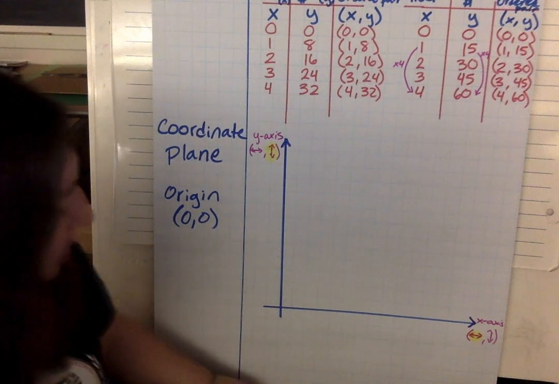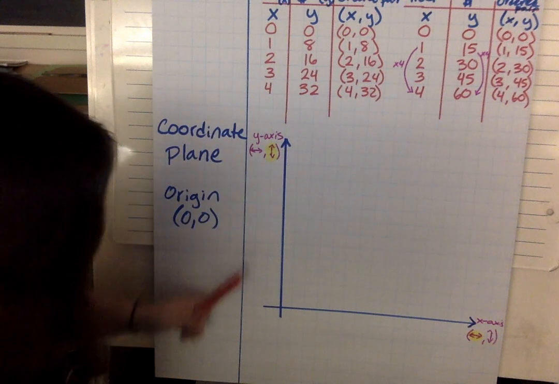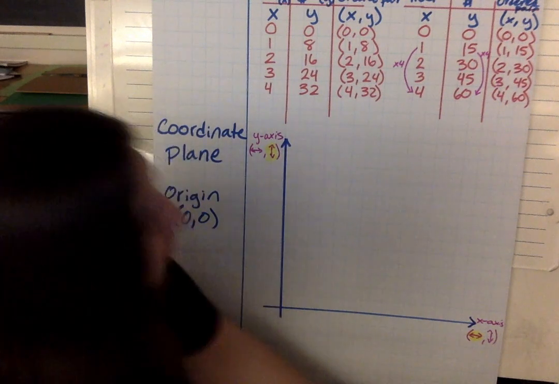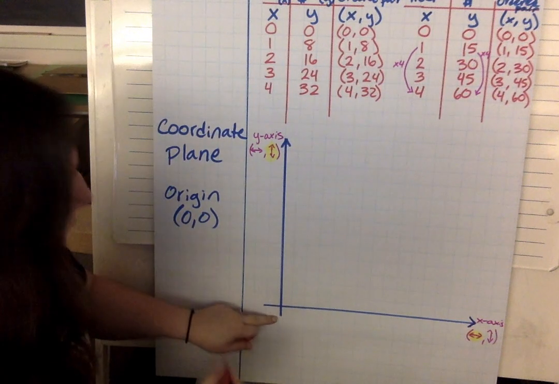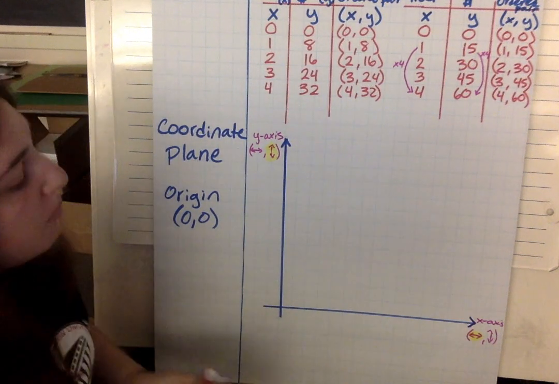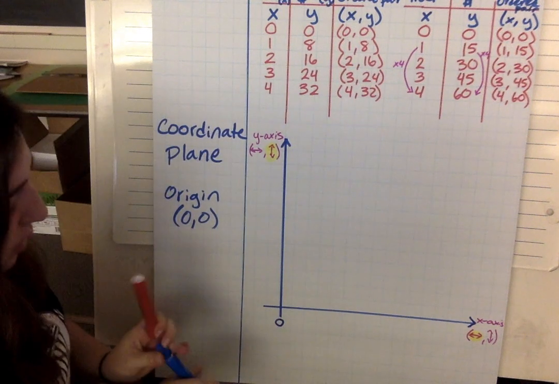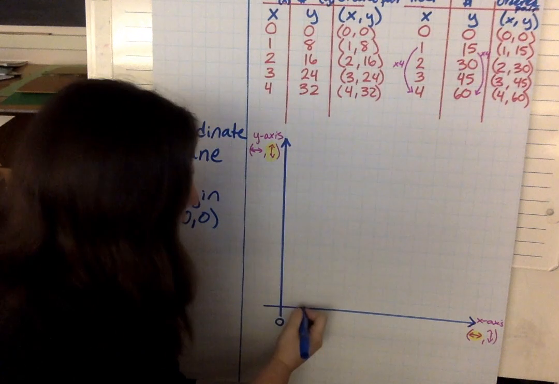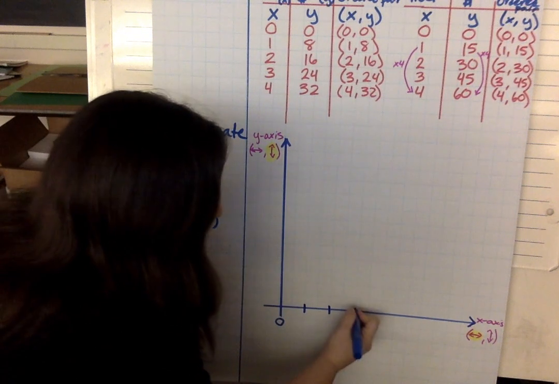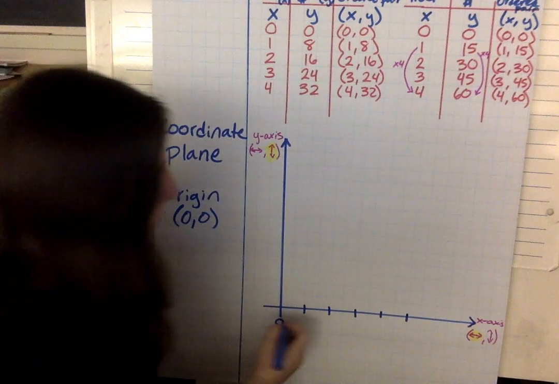All right, so we are going to start graphing. I'm going to graph Chris with the green, and I will graph Alana with the blue. First thing important, we gotta make our tallies, and we gotta say what we're counting by on the axis. So I'm just gonna count by ones on my x.